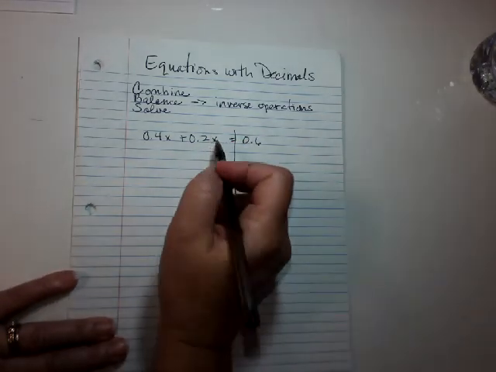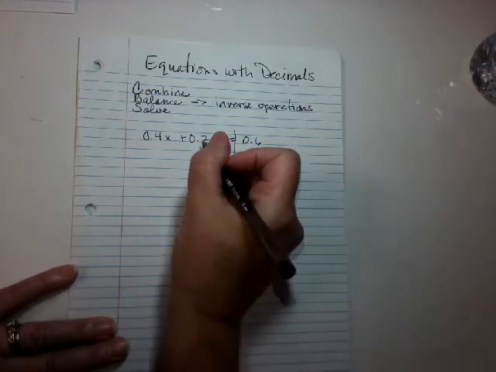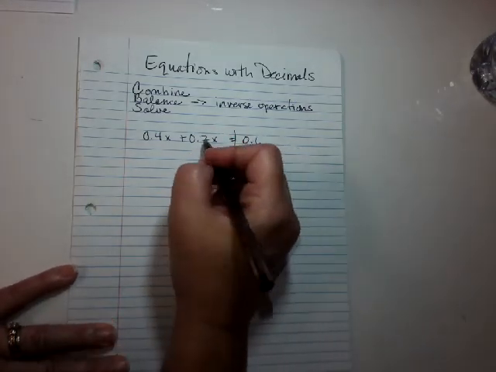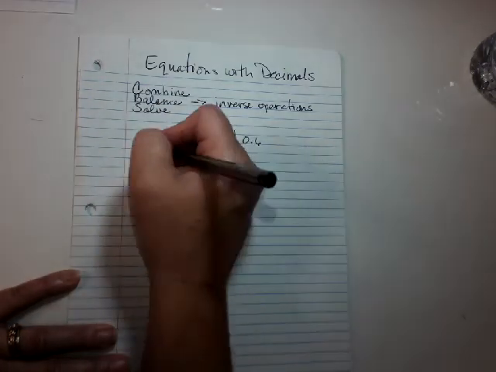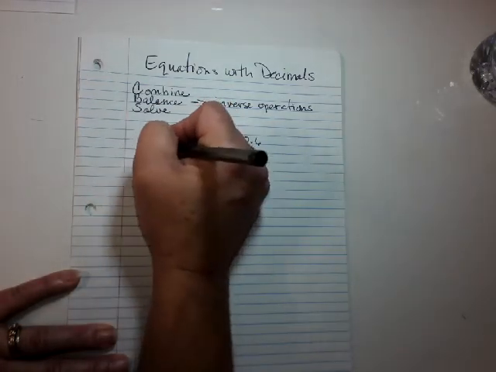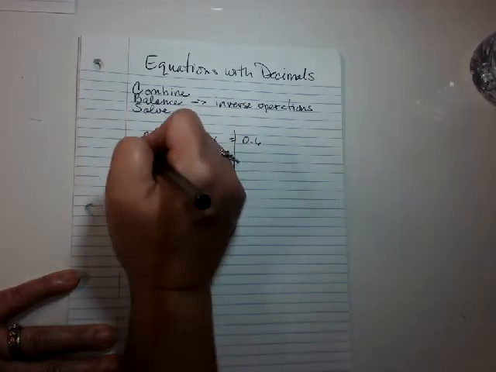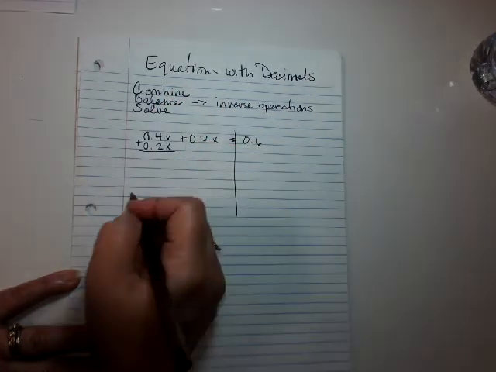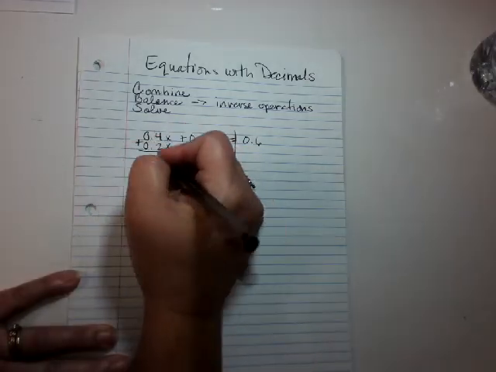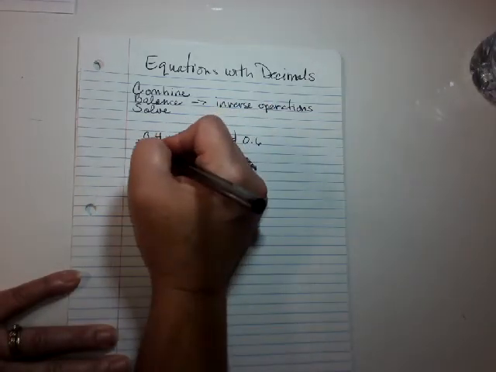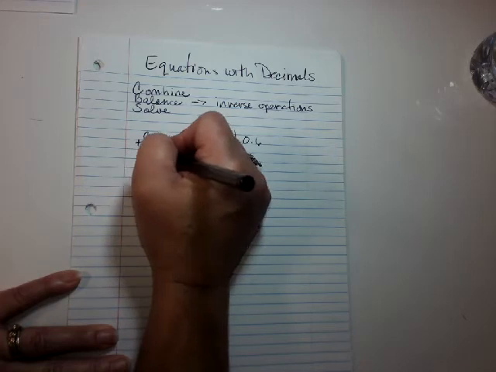So we're going to go ahead and add these. I'm going to line it up because it's a little bit more comfortable for me to do so. To make sure that I line up my decimal, I'm going to set up the 0.2x over here, and we're adding it. So I'm going to have an answer of 0.6x.